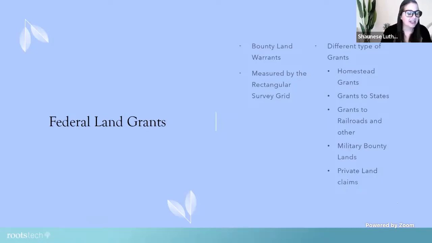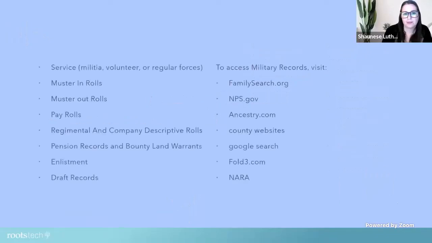After land grant and land records, now we move on to military records. There are a few. We have the service records. In the militia, the volunteer, and the regular forces, we have the muster in rolls and the muster out rolls.